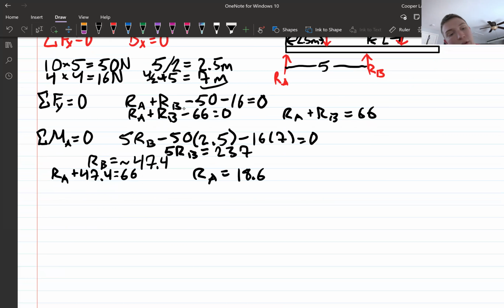it's going to start off by going up to 18.6. Now I'm actually going to take that 18.6 that I have there, and I'm going to subtract 50 from it.